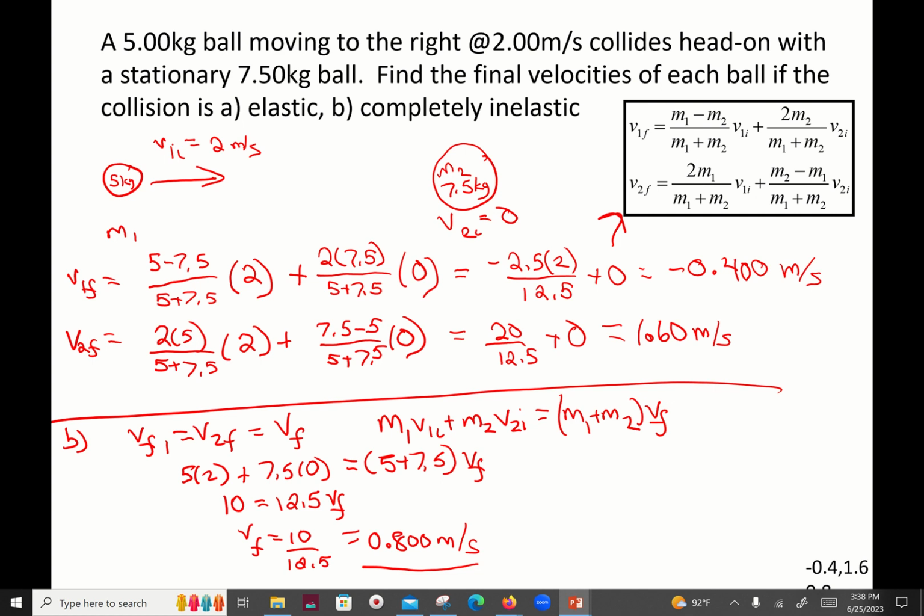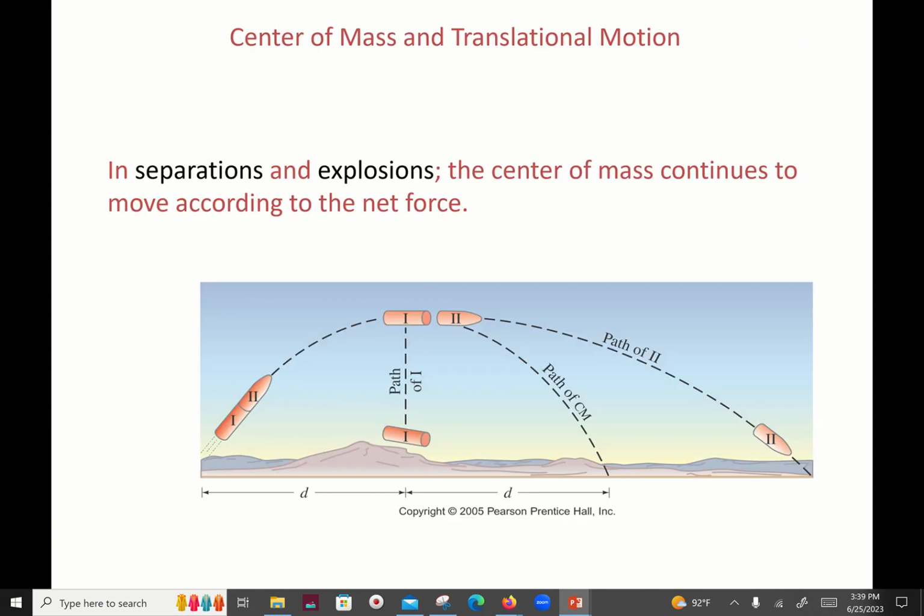So if the problem says it's elastic, then you can use that complicated equation in the black box. If it does not, then the only equation you have is conservation of momentum. And the only simplification is if we say it's completely inelastic, then you can set the V finals the same for the two of them.